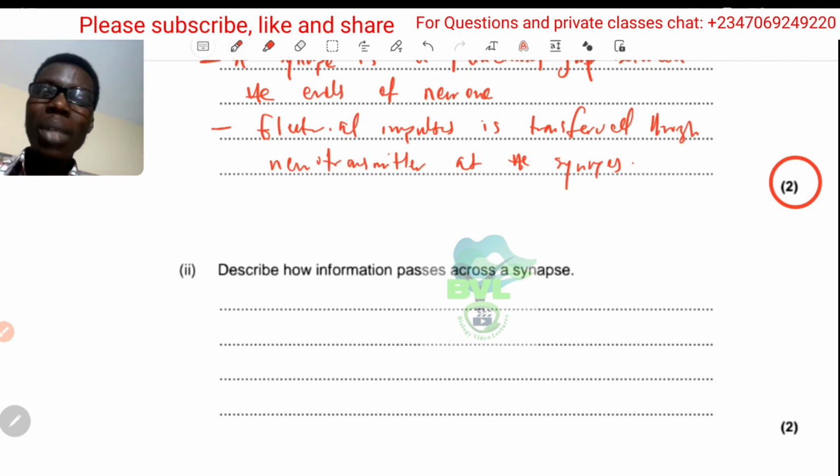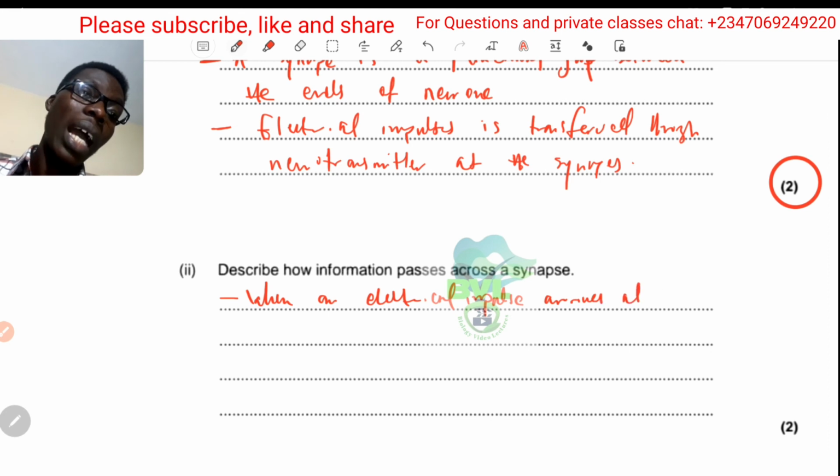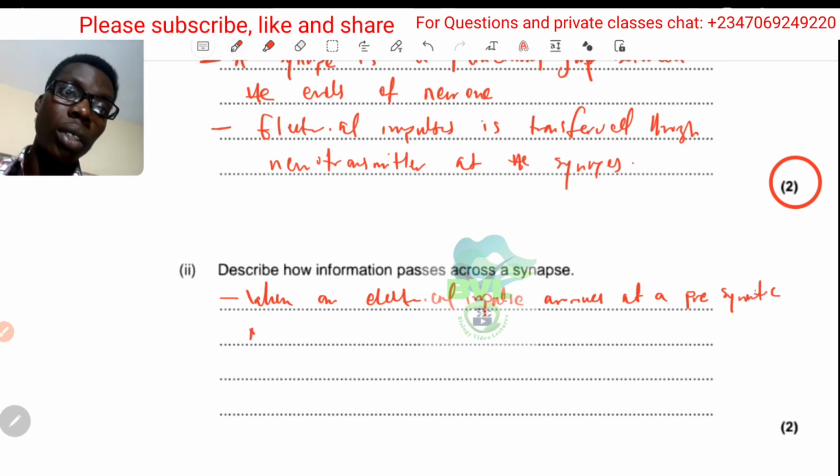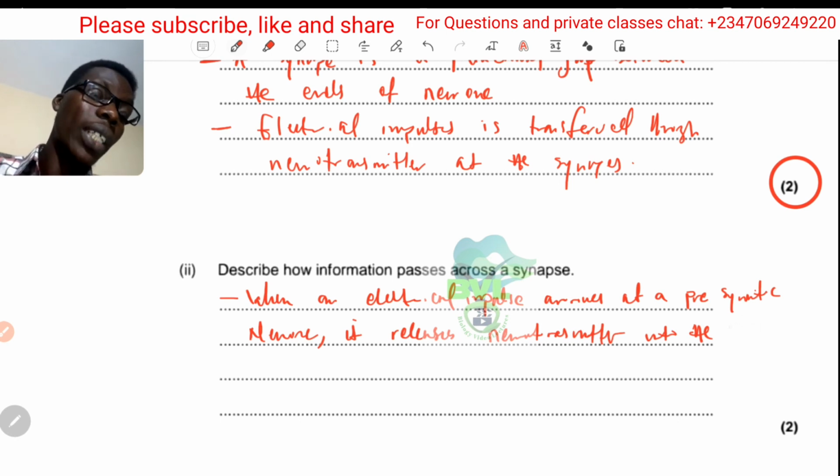Well, this is more like a repetition in a way, but I think I'm going to say, when an electrical impulse arrives at a presynaptic neuron, okay, it releases neurotransmitter, no, from the vesicle, please, not into this.